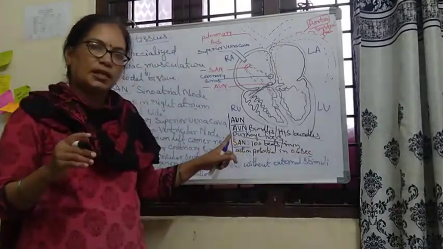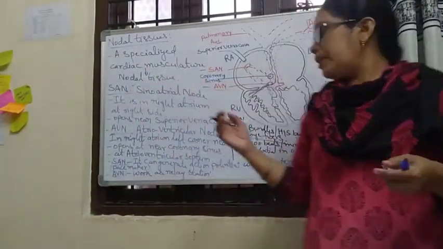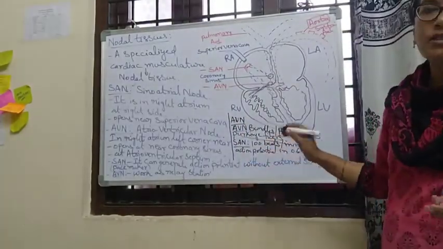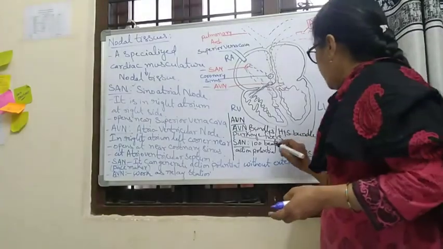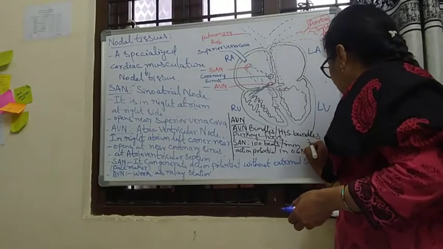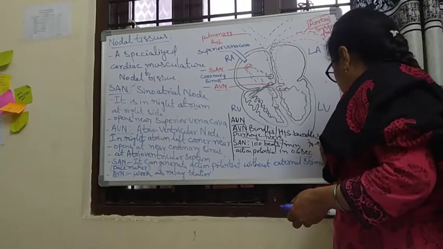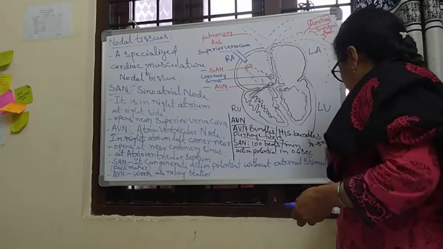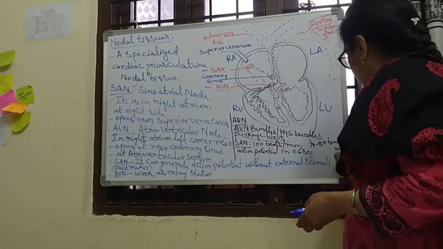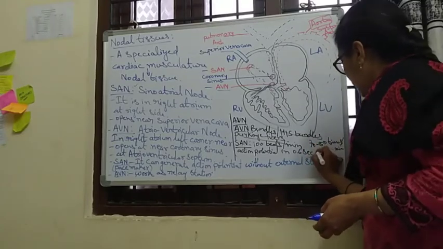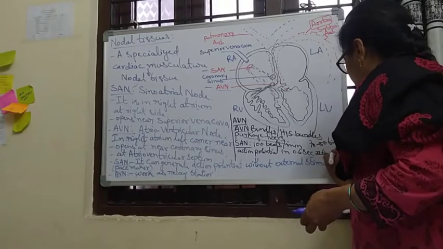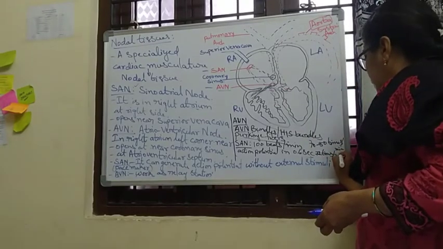Nearly, our heart beats 70 to 80 times per minute. How many times? 70 to 80 times per minute, approximately 72 times. Our heart beats 72 times per minute.